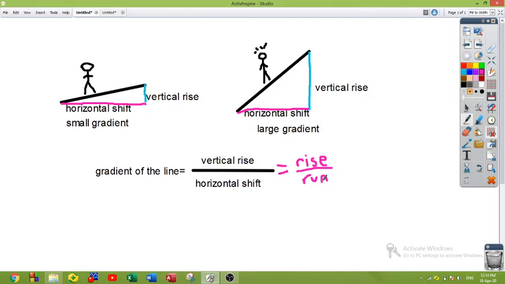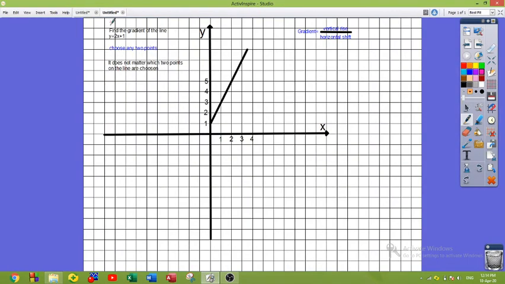Now let's solve an example about this. Our example is: find the gradient of the line y equals 2x plus 1. As you see, we have our formula: gradient is vertical rise over horizontal shift. Here we are going to choose any two points on the line. It doesn't matter which points on the line are chosen.